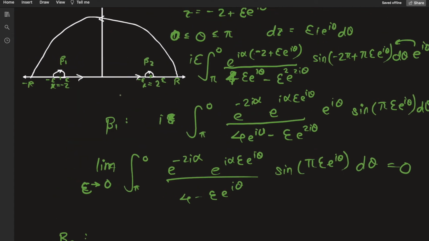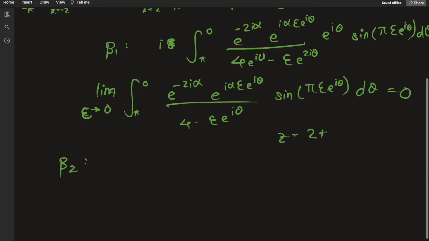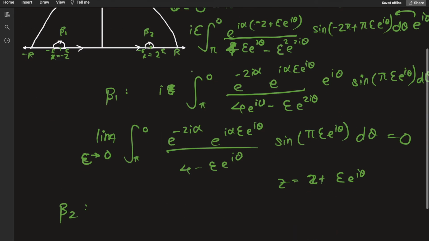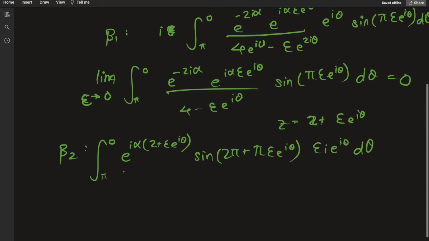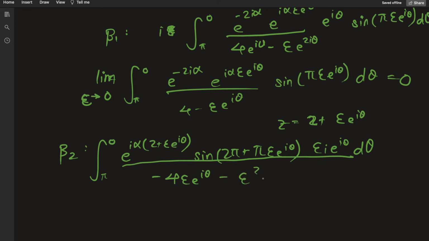we essentially do the same, except that now the parameterization 2 plus epsilon e to the I theta is going to work, and again theta is going to range from 0 to pi, and our integral will go from pi to 0 because of the positive anti-clockwise rotation convention. e to the I alpha times 2 plus epsilon e to the I theta, sine of 2 pi plus pi epsilon e to the I theta, epsilon I e to the I theta d theta, over negative 4 epsilon e to the I theta minus epsilon squared e to the 2I theta.